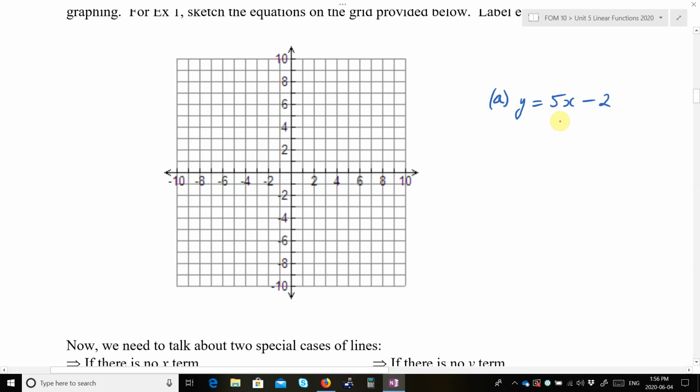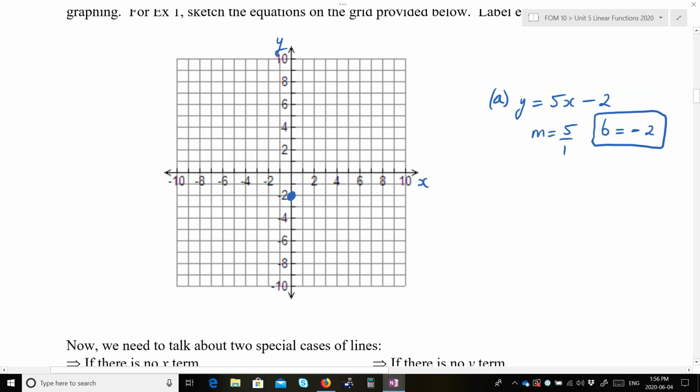And so the slope is 5, and b, the y-intercept, is negative 2. The slope is rise over run. And so if you don't have a fraction, 5 is secretly a fraction. It's 5 over 1. And so what you do first, guys, is you plot the y-intercept, negative 2. That's where the graph crosses the y-axis.